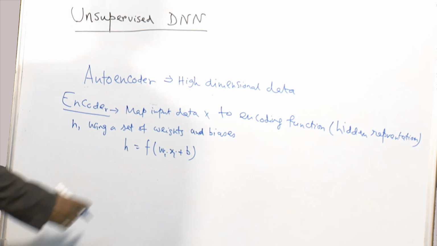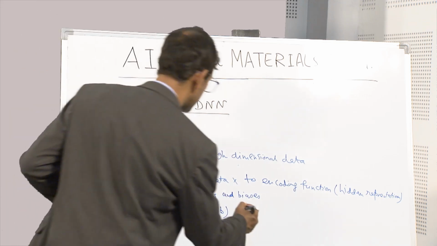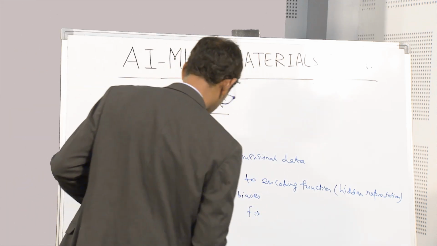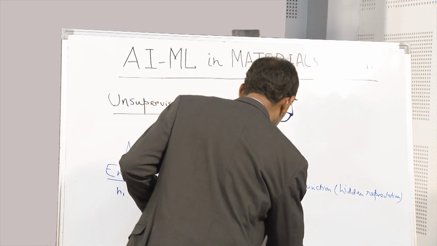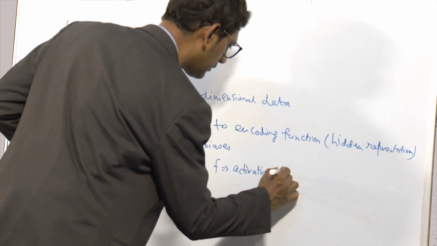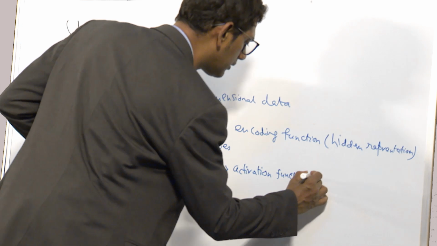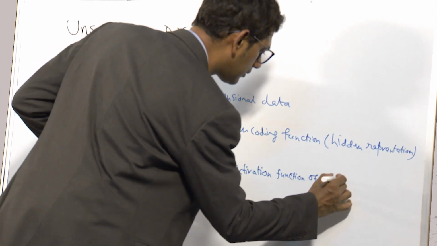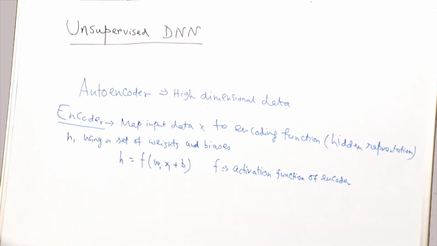That is what will map this x to an encoding function, and the encoding function is H. Here this f is what? It is the activation function of the encoder. It can be any activation function, sigmoid or tanh or ReLU, right. That is what the encoder does.